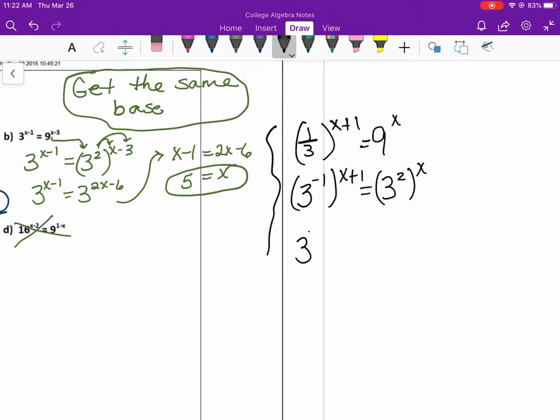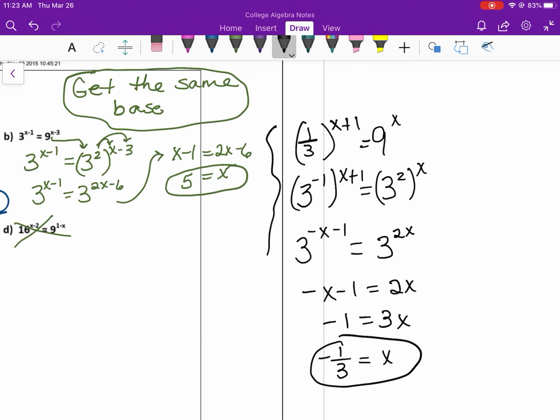So I'll have 3 to the negative x minus 1 equals, oops, let me redo that. 3 to the 2x. Bases are the same, so drop them, and I'll get negative 1/3 for my answer.